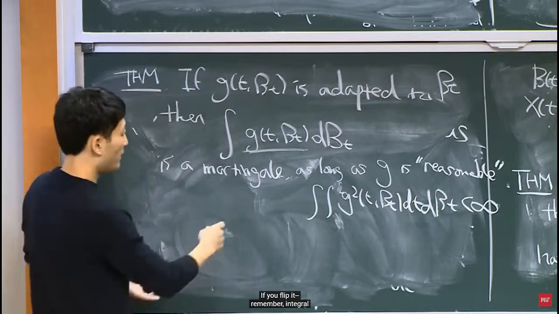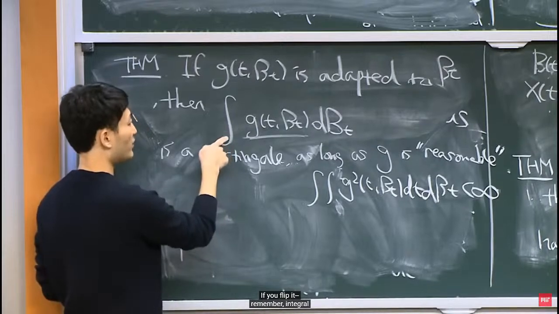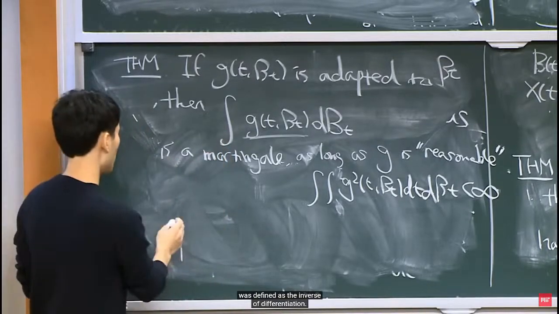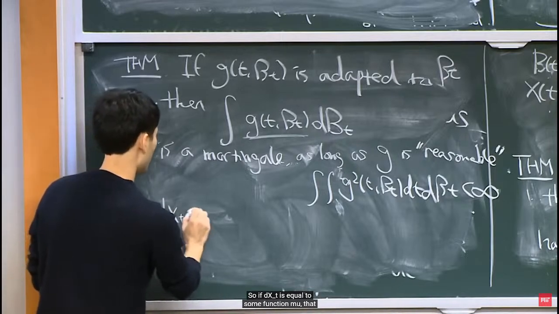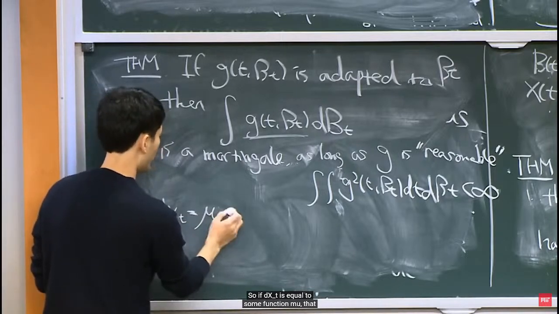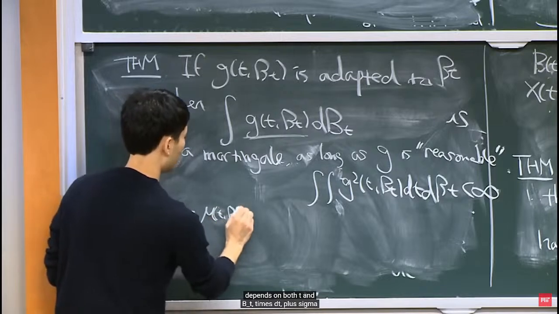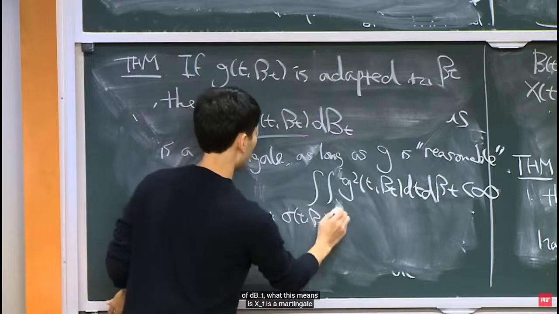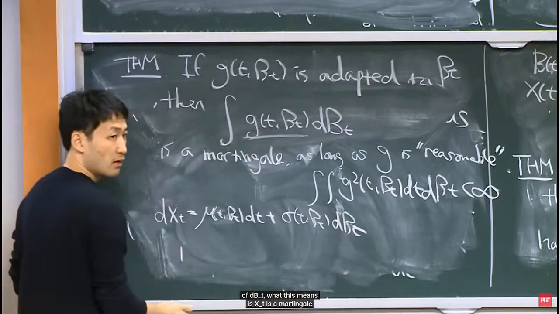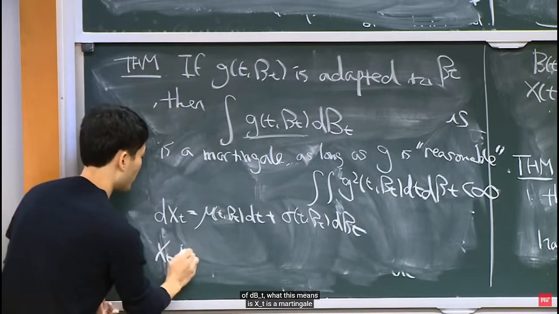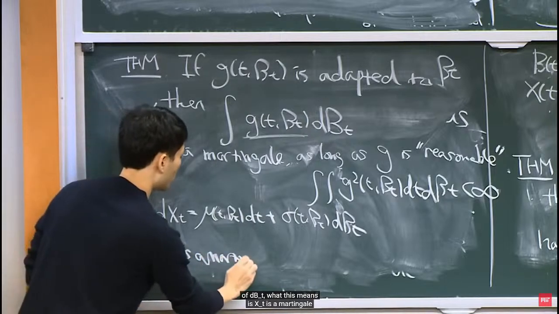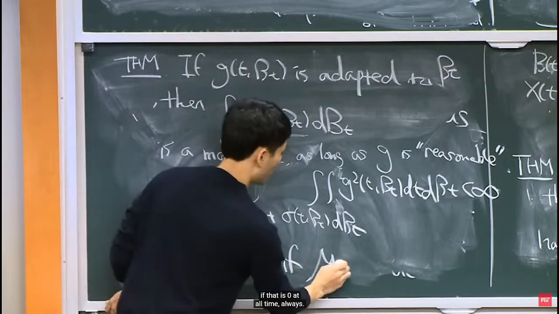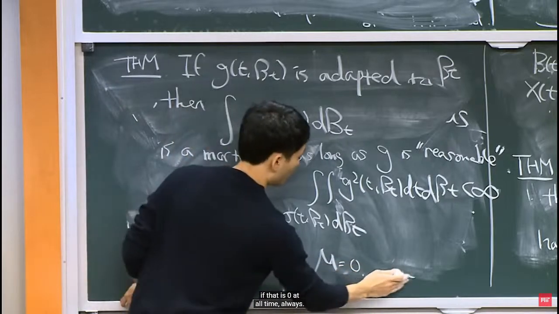Okay? So if you flip it, remember, integral was defined as the inverse of differentiation. So if dXt is equal to some function mu that depends on both t and Bt times dt plus sigma dBt, what this means is Xt is a martingale if that is 0 at all time, always.